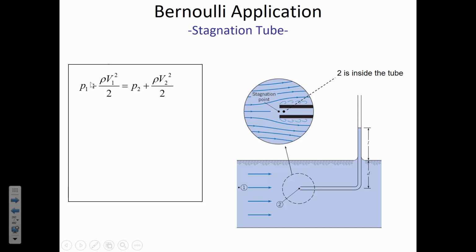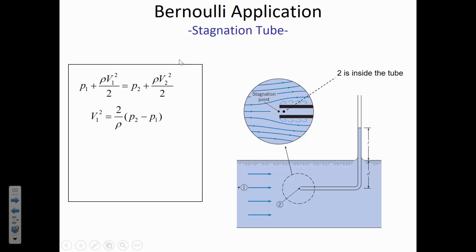And so what this is saying is that between the two locations, the pressure term, and this is sometimes called kinetic pressure when we write it in terms of having the same units as pressure. So instead of having pressure head, velocity head, and elevation head, here each term is written in terms of pressure. So we can rearrange this when we have that the velocity at 2 is 0, because inside the tube conditions are stagnant, meaning that there's static conditions with no flow velocity on the inside of the tube.